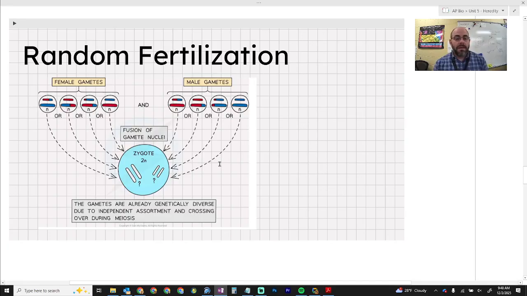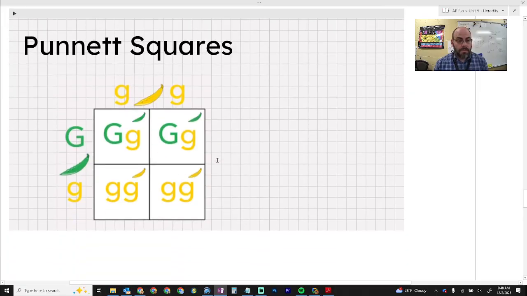And you've made a diagram before that shows this. This shows Punnett squares, which you've been doing since probably 5th grade. Punnett squares show that idea of random fertilization, right?